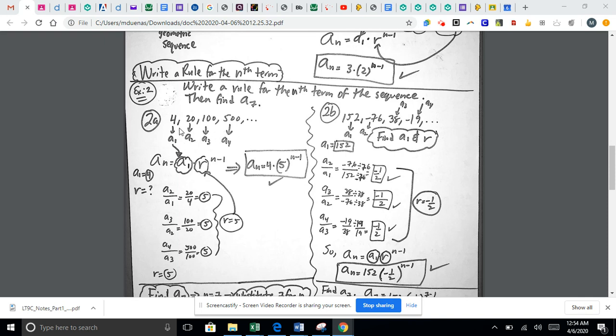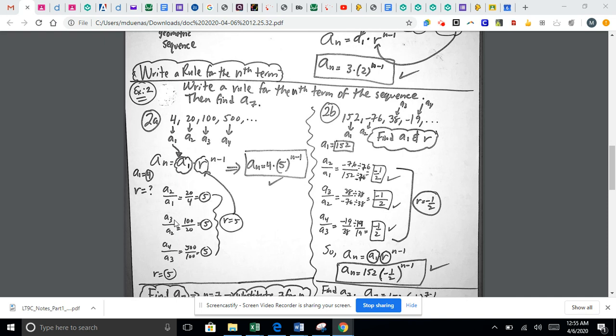Well, what we do is we find the ratios of each term to the previous term, right? For example, we're going to take 20, because that's the second term, and we're going to divide it by the previous one. So right here, it's going to be A sub 2 divided by A sub 1, 20 divided by 4 is 5.